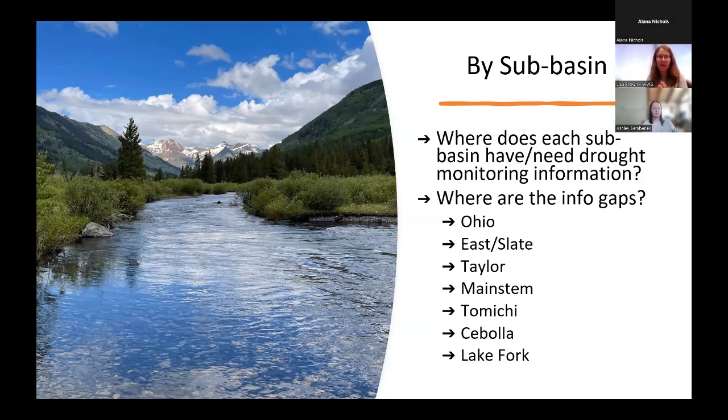It's that interplay of where we're trying to make decisions and whether we have the information we need at those places. I've broken it out by subbasin so we can start getting the wheels turning about whether we have information gaps or good coverage. That could very well be an outcome, that we've got good informational coverage to support the decisions we need to make as we monitor drought.